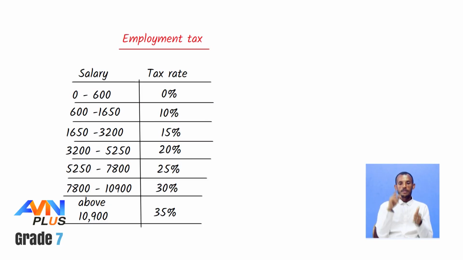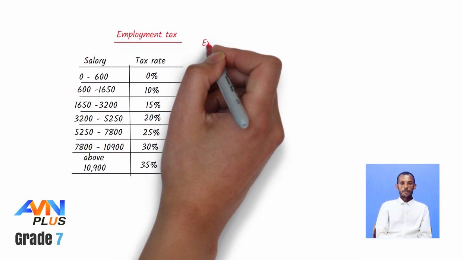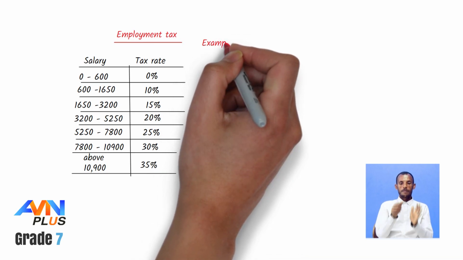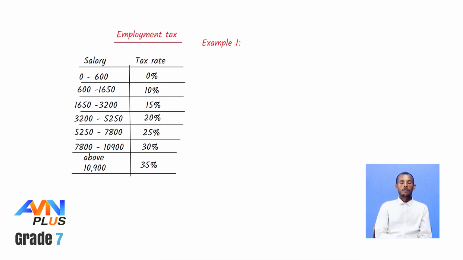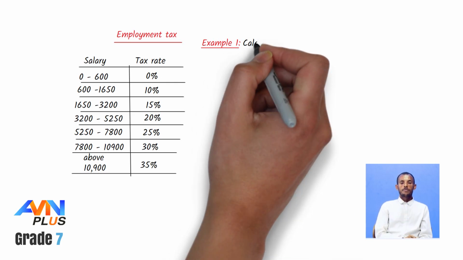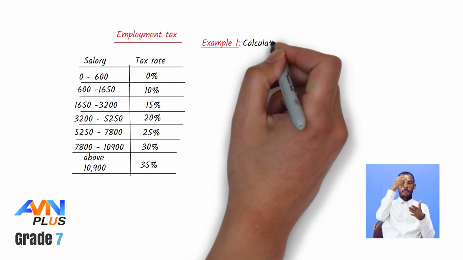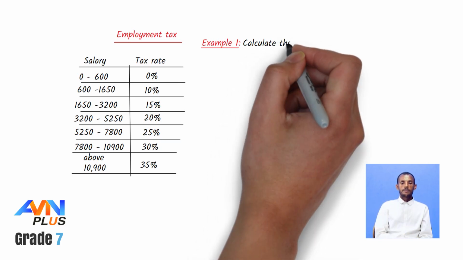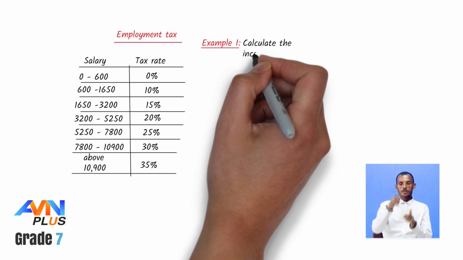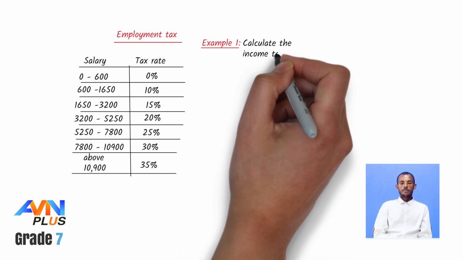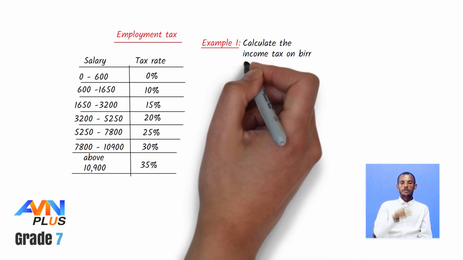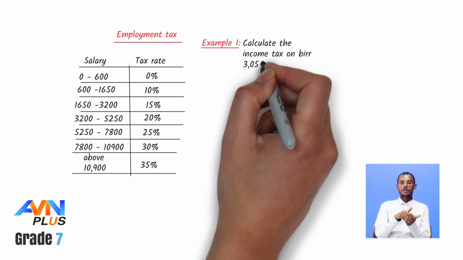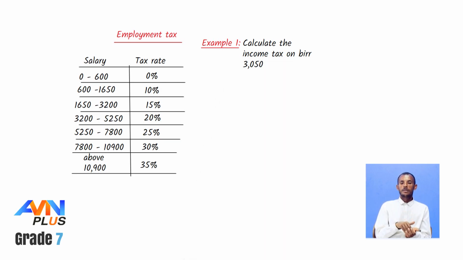Okay, the first example. Example 1: calculate the income tax on 3,050.